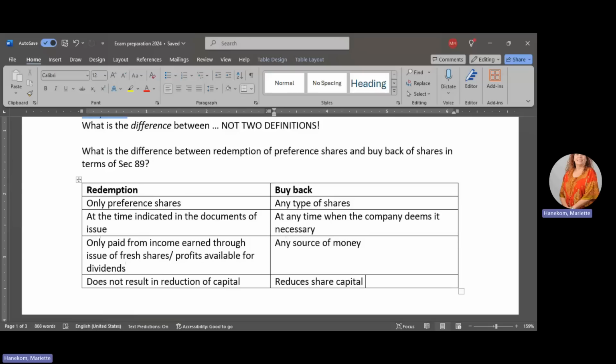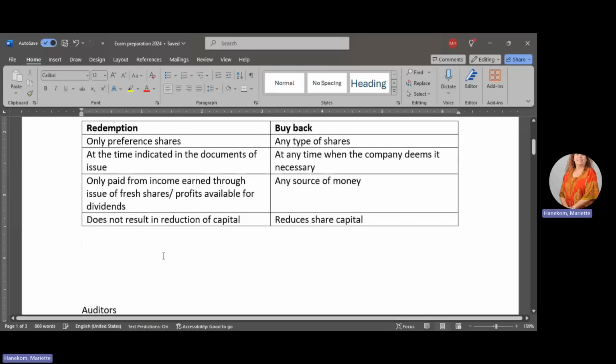I don't want to know about special resolutions and solvency and liquidity and all of that. I want to know what is the difference between these two procedures. If you give me a description of the one and a long description of the other one, you will not be getting any marks.